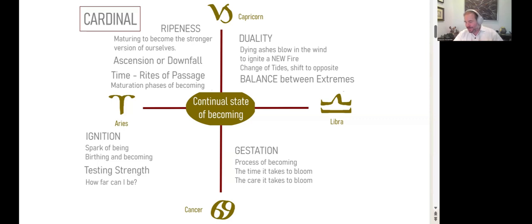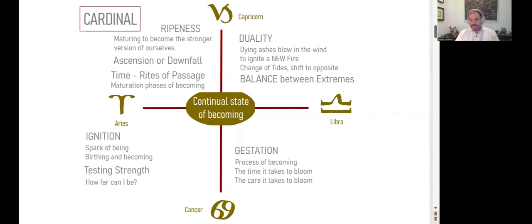You go in a completely different direction. So on some occasion, you continue what you started, but you take a turn. You don't just go in a straight line progressively forward. There's some kind of a 60-degree angle, but sometimes it's a 90-degree angle, and it's starting from zero. And so people with a lot of cardinal energy go through these cycles where they reinvent themselves. New marriage, new country, new profession, etc.